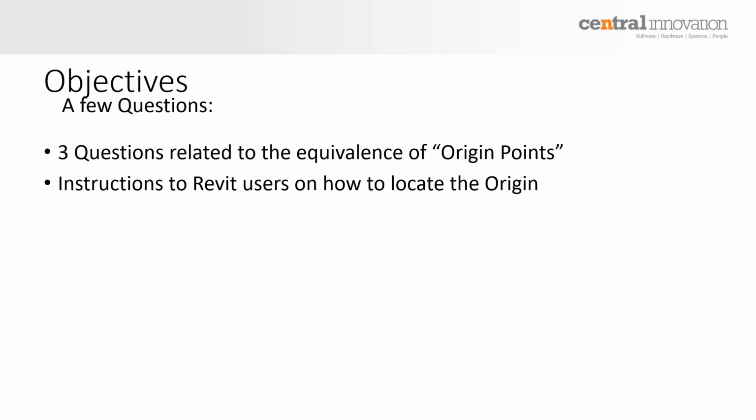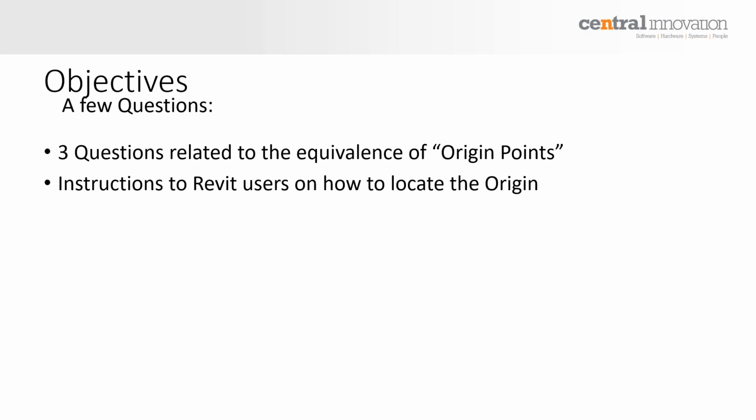For today, we have a few objectives, mainly answering those few questions that came through the last time. Most of them related to the equivalence or some misconceptions about the different origin points across different software and how that relates to the origins inside the IFC files. There was also a question asking for instructions for a Revit user on how to set up their points.